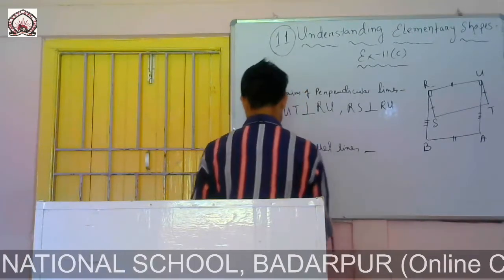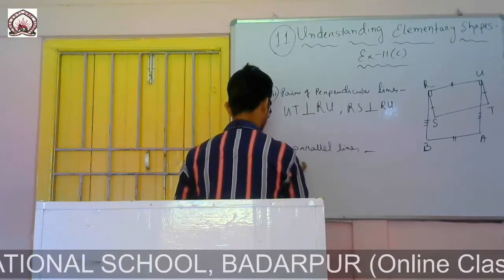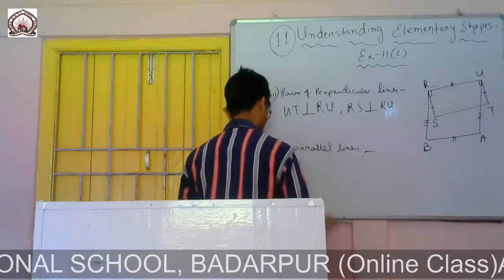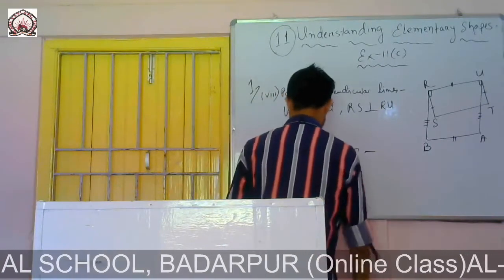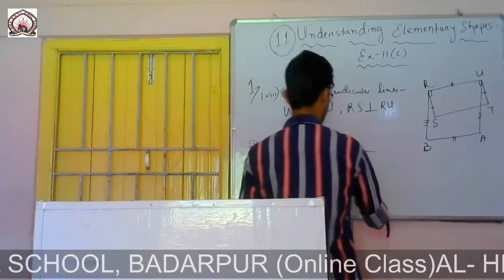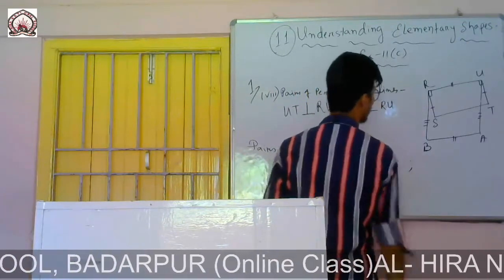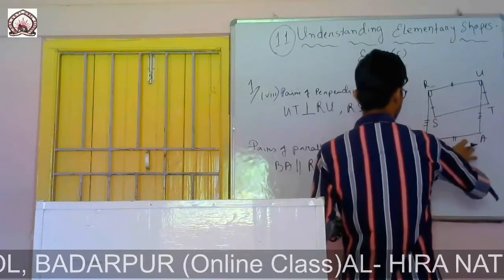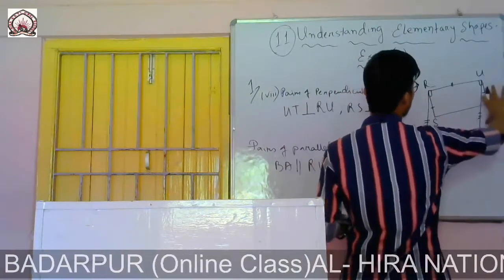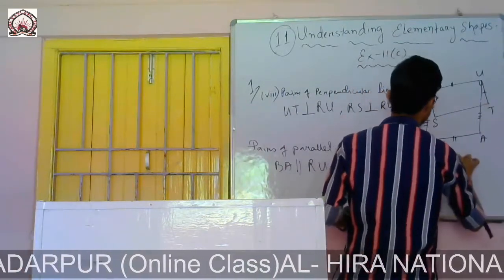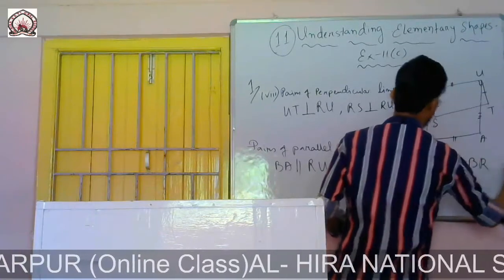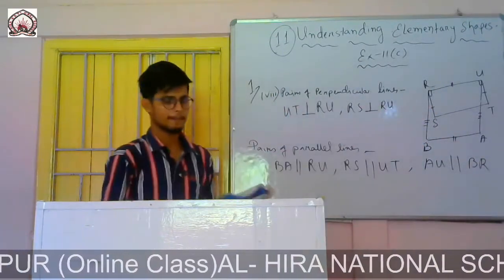Now parallel lines: BA parallel to RU. The next one, RS parallel to UT. Then the third one, DR parallel to AU, so you can write AU parallel to DR. So these are the three pairs of parallel lines.